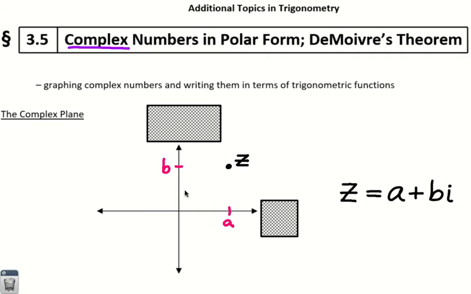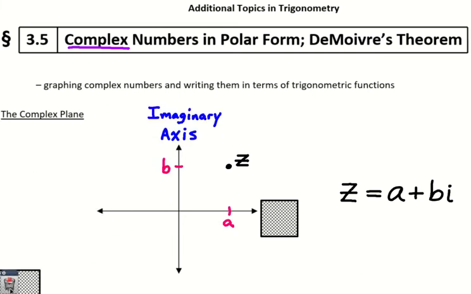I know it's kind of weird, but we're going to plot a point in what we call the complex plane. And it's not like we're plotting coordinates per se. We're plotting a number. But we need a real axis and an imaginary axis.